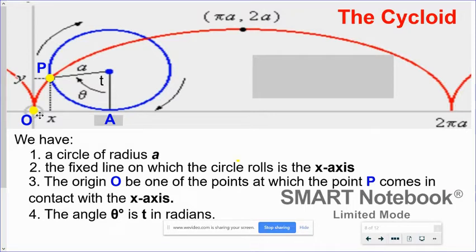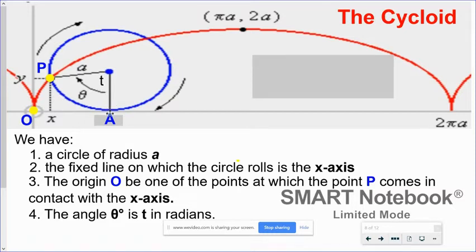The origin, point O, is one of those points at which point P, which is a defined point on the circle, comes in contact with the x-axis. So once again, the circle is rolling, point P is rolling around the circle, and the cycloid is this curve that is defined by point P's location at any particular moment in time.